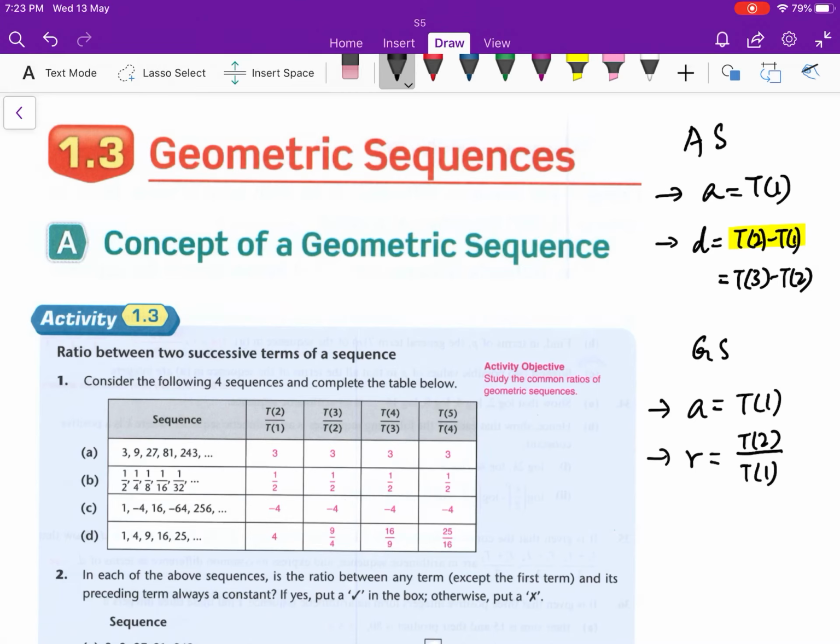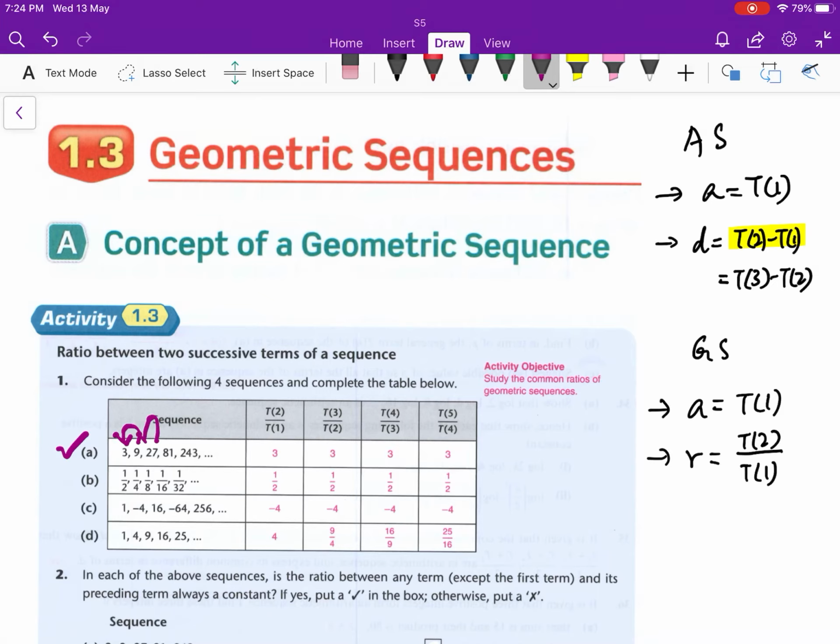So take a look at this Activity 1.3. Whether they are GS or not, we only need to look at their ratio, okay? Look at question 1A here. You can see that we have a sequence, right? What you need to do is use the next term divided by the previous one.